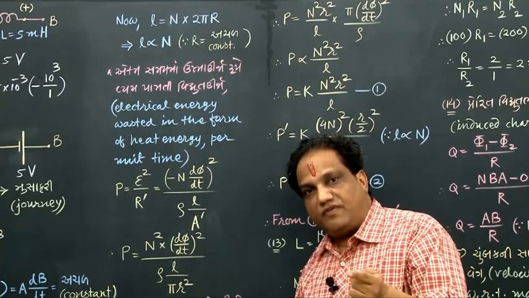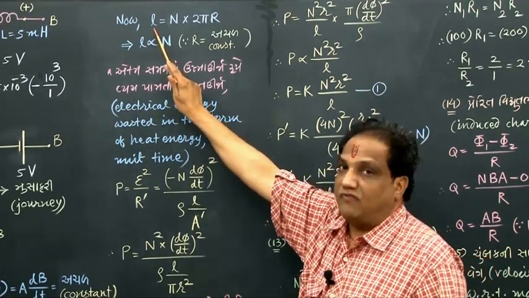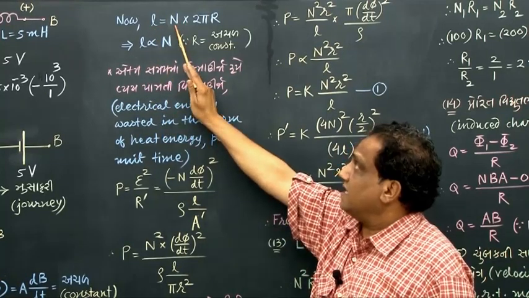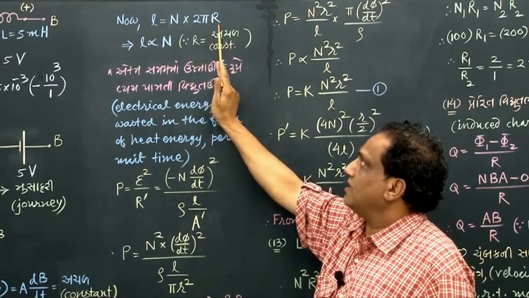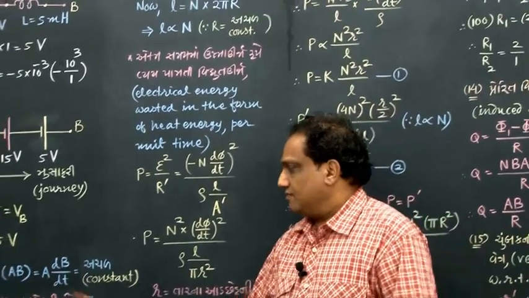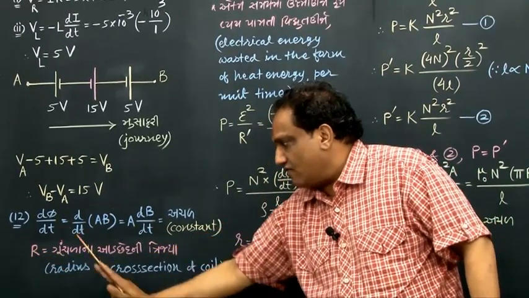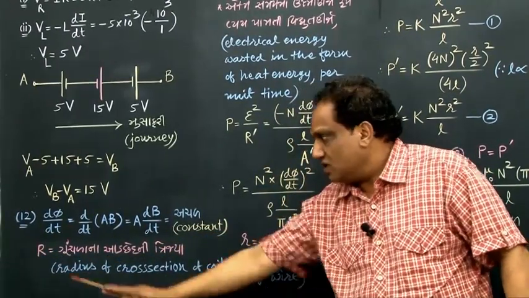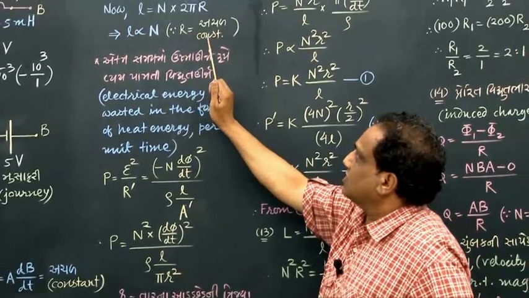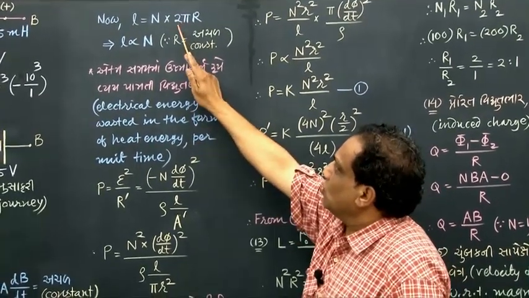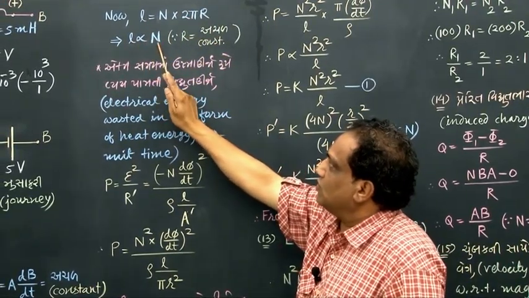But suppose we prepare such capital N number of identical coils, then total length of the wire used will be N times 2 pi R. That's why I am putting N into 2 pi R. But because the cross section area of the coil is constant, radius of cross section of coil capital R is also constant. So 2 pi R is constant. So L is proportional to N.